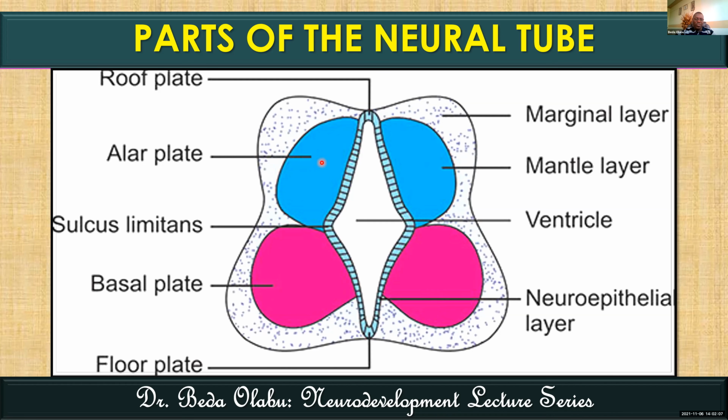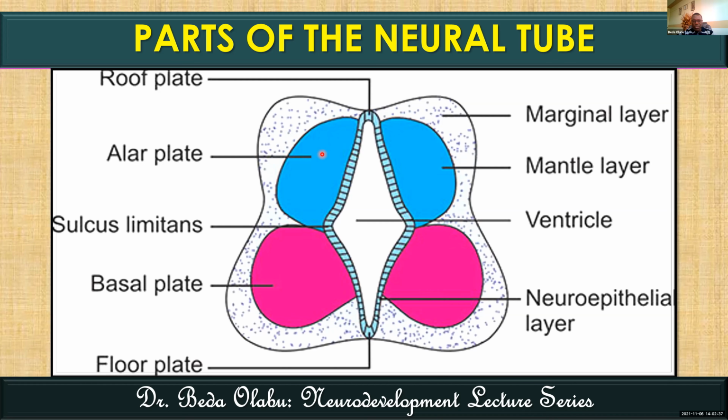There's a junction between the alar plate and the basal plate. That junction between the alar plate and the basal plate is called the sulcus limitans. So the sulcus limitans basically represents the division between the motor column and the sensory column of the brainstem and spinal cord.